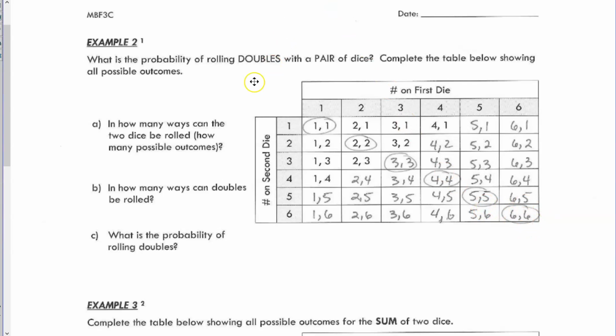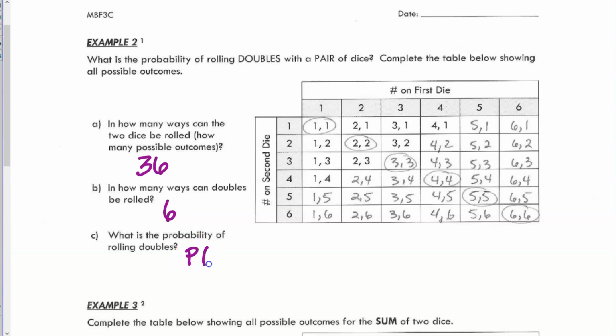Okay? So, in how many ways can 2 dice be rolled? How many possible outcomes are there? In this, we count all the number of boxes, and there are 36. How many ways can doubles be rolled? Well, I've circled them. There are 6 ways that doubles could be rolled.